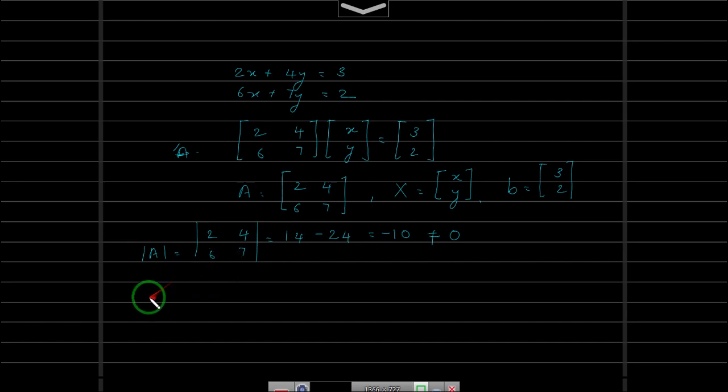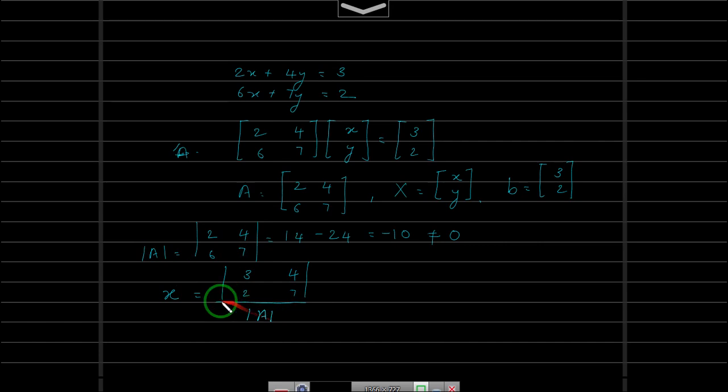Okay. Now Cramer's rule says by using the formula, we can get the value of x, the first variable. How? We can get it by replacing the first column by the B vector. So the first column becomes 3, 2, and the second column as it is, 4, 7, divided by the determinant of A, that is what the formula says.